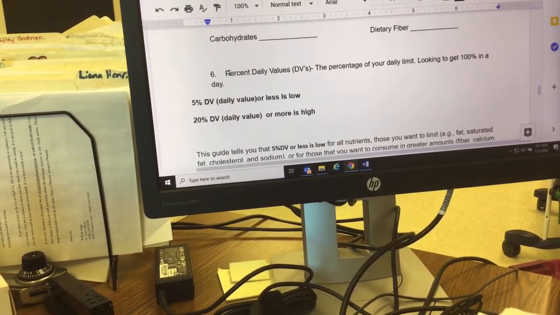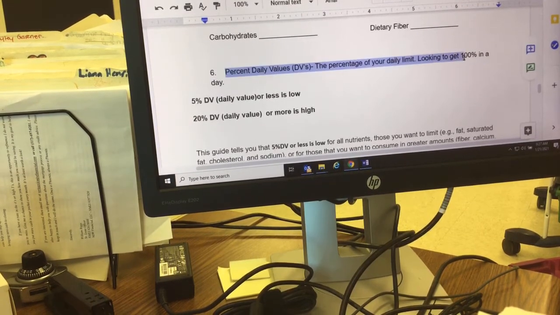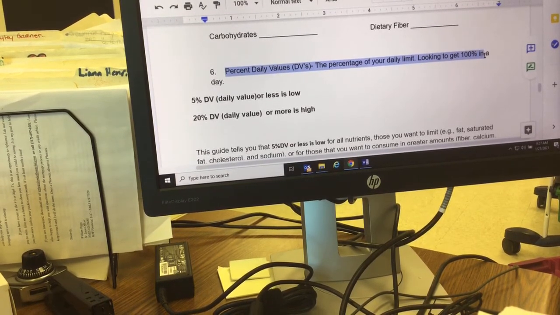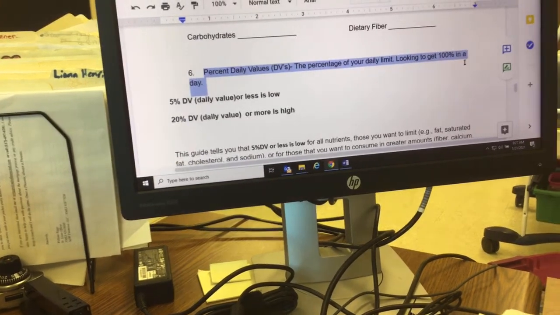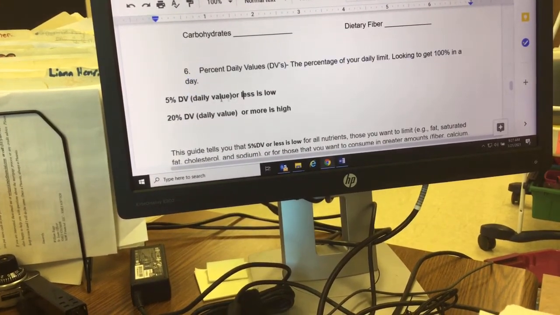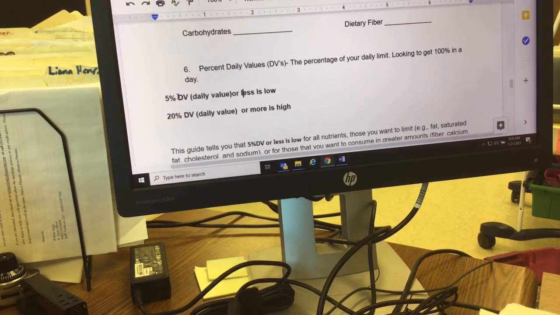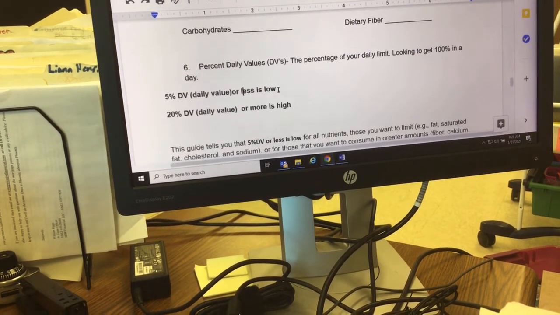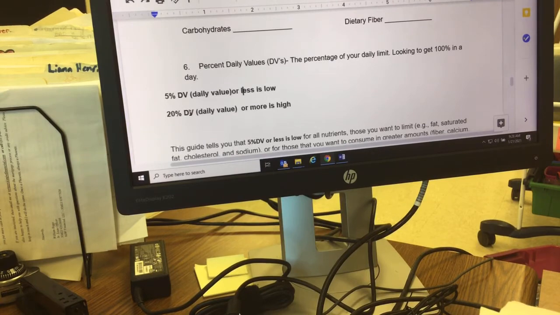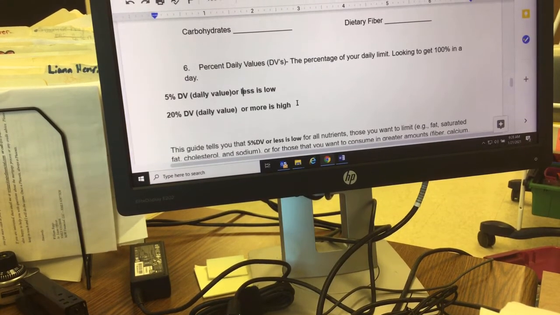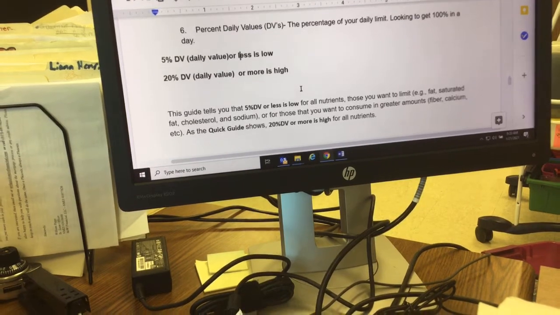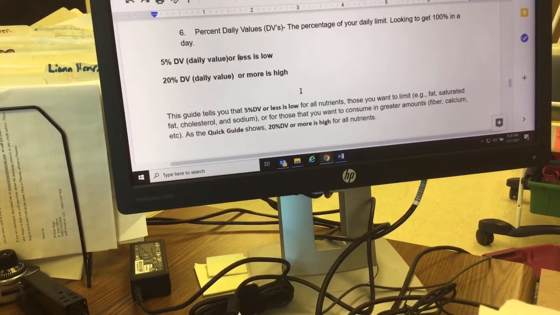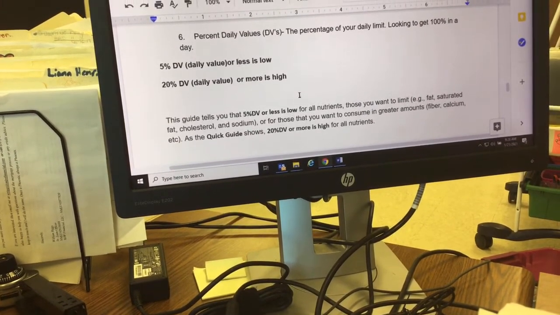All right, last thing, percent daily values are the percentages of your daily limits if you're looking to get 100% in a day, right? So we're looking to get 100% in a day. When you're looking at anything, 5% daily value or less would be considered low. 20% daily value or more is considered high. Okay, so we want to kind of be between those two limits, right? With fat, obviously the lower the better.